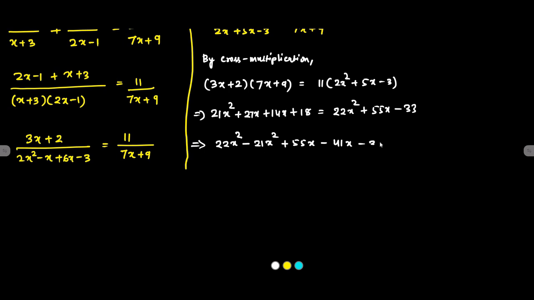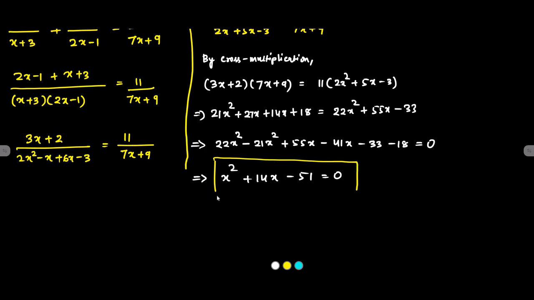Minus 33 minus 18, plus 18 here going to that side becomes minus 18, that is equal to 0. That implies 22 minus 21, that is 1, that is x square, 55 minus 41 is 14x, minus 51 is equal to 0. So this is the required quadratic equation.